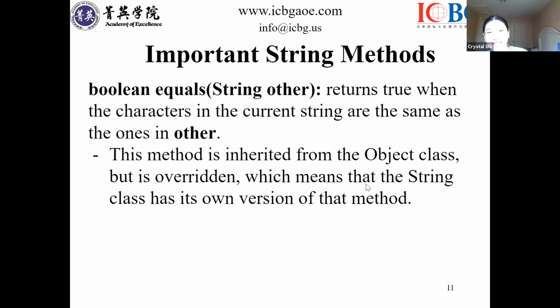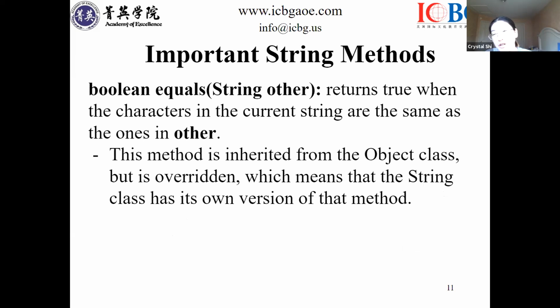And then we have the equals method, like I talked about earlier. It returns true when the characters in the current string are the same as the one in other. And like I said earlier, this one is inherited from the Object class, but is overridden. So the String class has its own version of, sorry, not compareTo, equals. Although compareTo is also a popular overridden method.